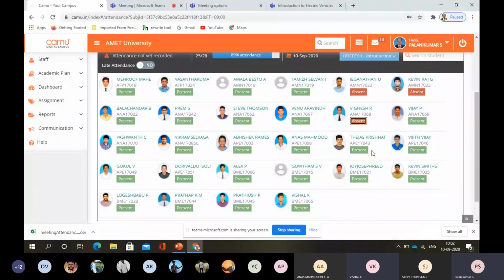Tejas not present, Petroleum Engineering. Vijit Vijay, present sir. Gogol, present sir. Dorivaldo, sir, he is present. Tejas, yes sir. Okay.